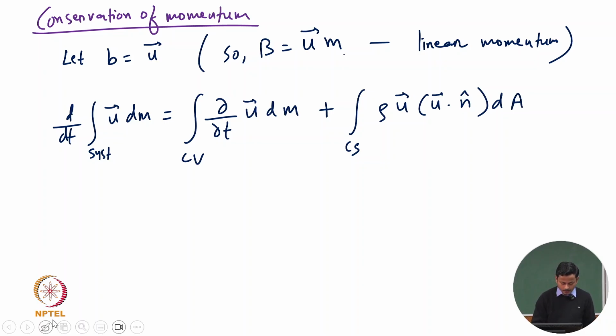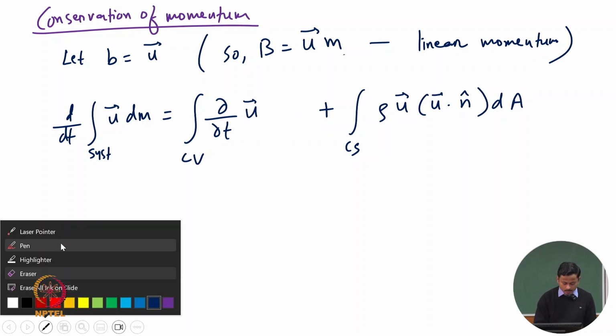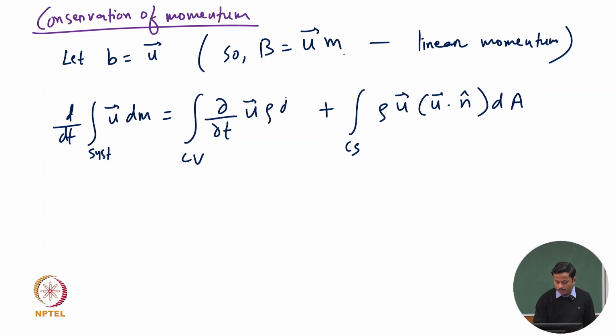Actually, this m can be written as rho d lambda, so that we do an integral over the control volume. Here d lambda is the infinitesimal volume. This makes it mathematically sound now, rather than putting it as dm.